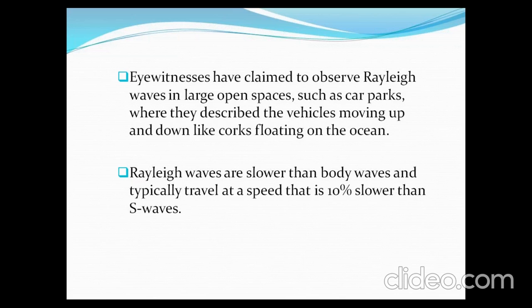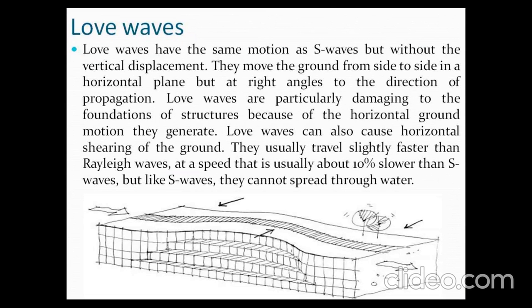Okay, Love waves, another type of ground waves. These are the same as seismic waves, but with horizontal displacement. Seismic waves are generated in one direction; Love waves are generated only in the horizontal direction, at right angles to the direction of propagation, in only one direction.